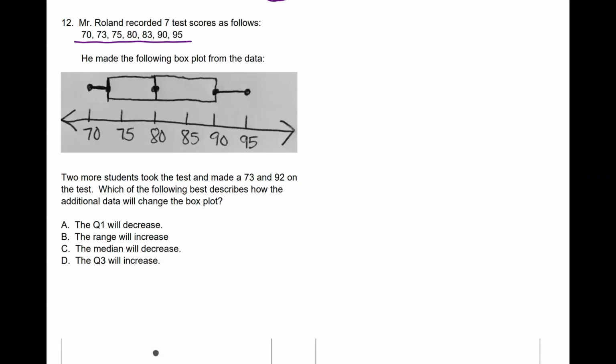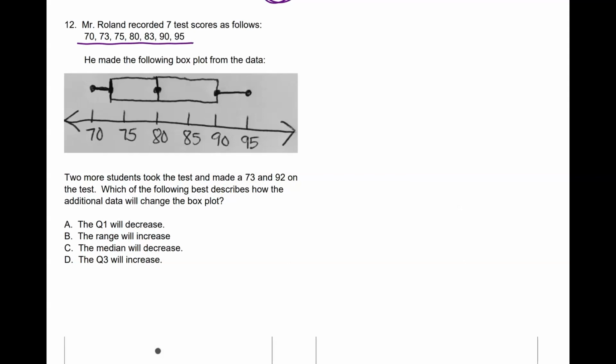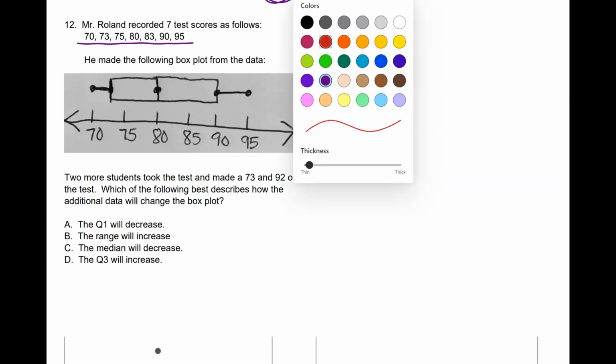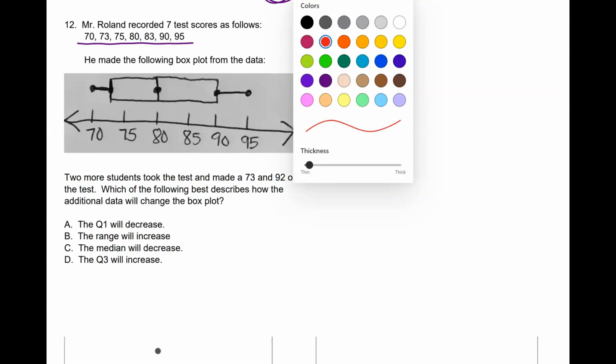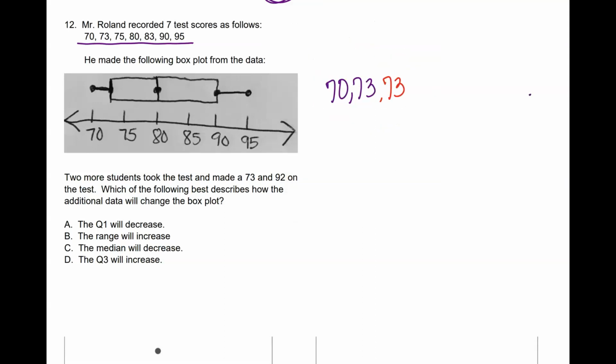Okay, so I'm just going to go ahead and write these out. So 70, 73. So here's another student. Let me make that a different color. So we're adding this one in here. So we have 75, 80, 83, 90.